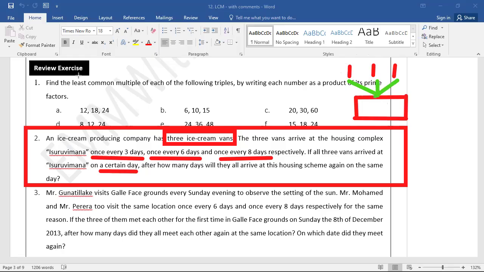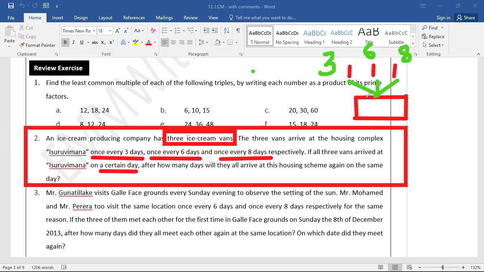The first van comes to Vizuruvimana every 3 days. The second van comes once every 6 days, and the third van arrives once every 8 days. 3 days, 6 days, and 8 days, and so on and so forth.